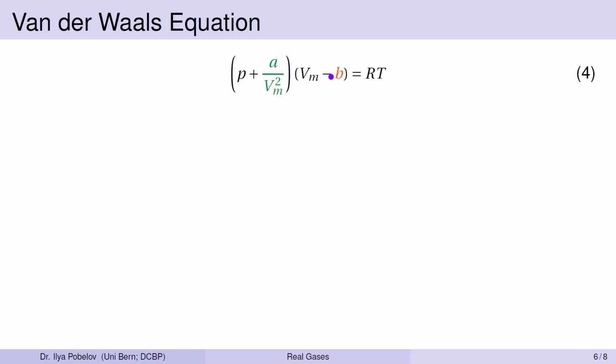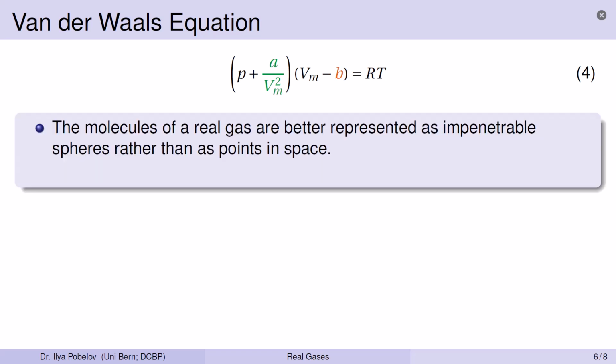The other term, labeled as B in the equation, accounts for the effective own volume of the gas. When visualizing gas molecules, it's essential to recognize that they aren't mere points in space. As we have discussed earlier, two particles cannot approach each other beyond a specific limit. Hence, imagining them as tiny, impenetrable spheres gives us a more accurate representation.